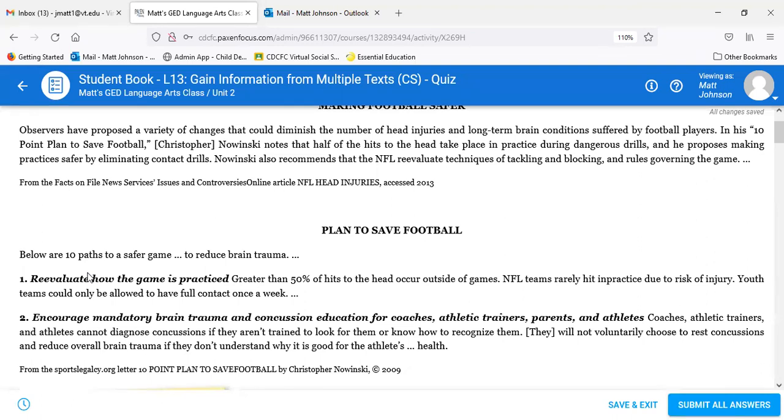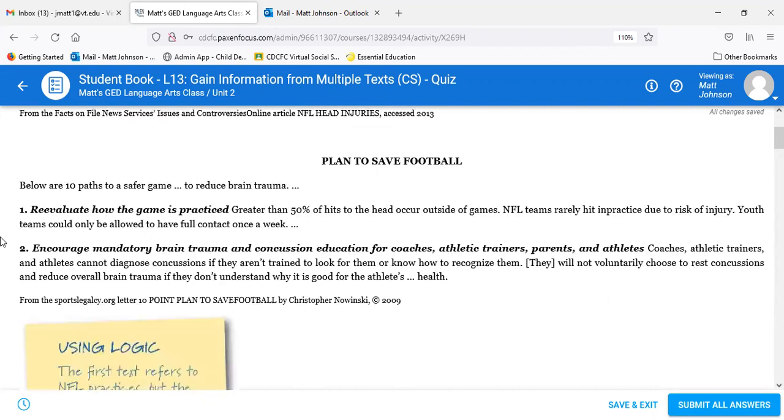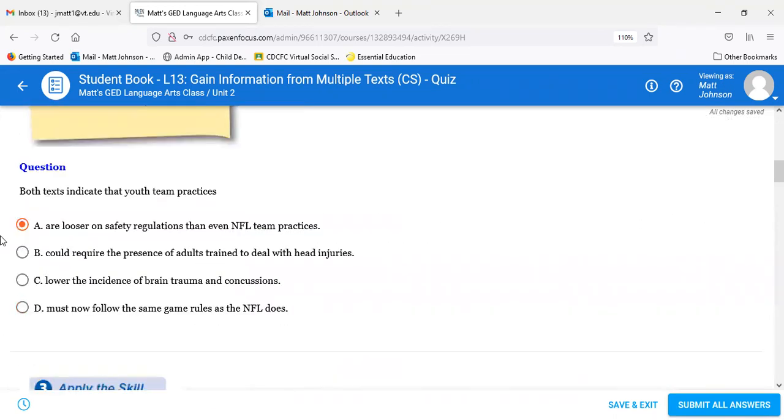So that's implying that there is more full contact in youth football practices than there is in the NFL. And that means you can assume that those are looser safety regulations than in NFL practices. So 1 is A.